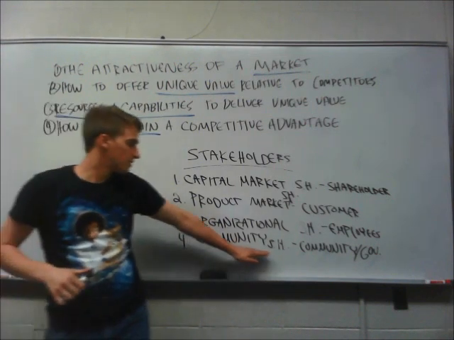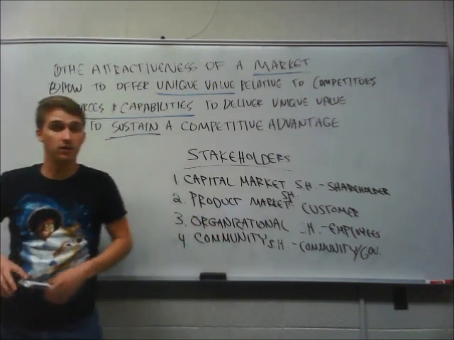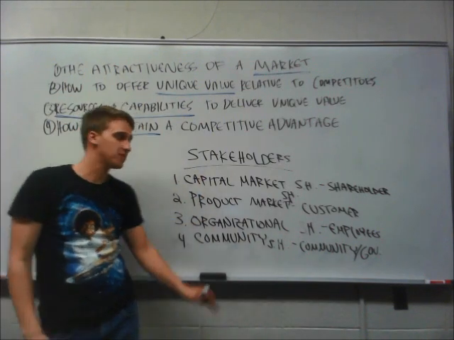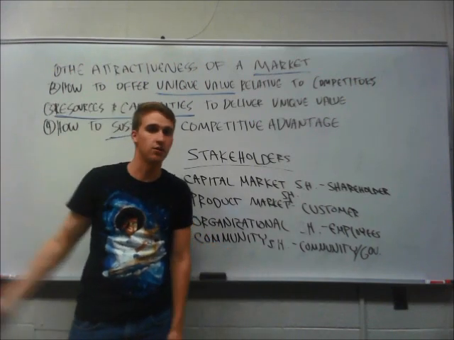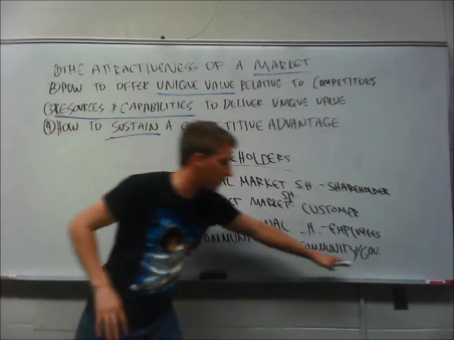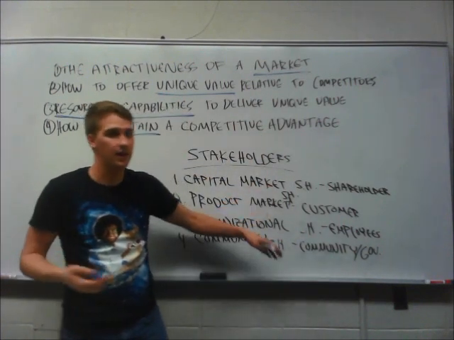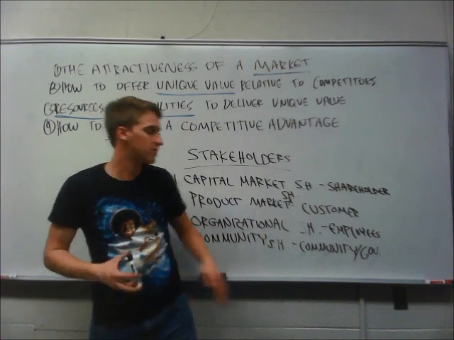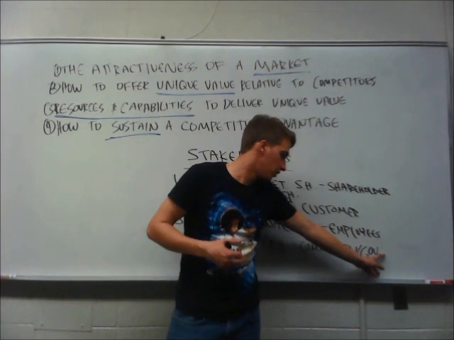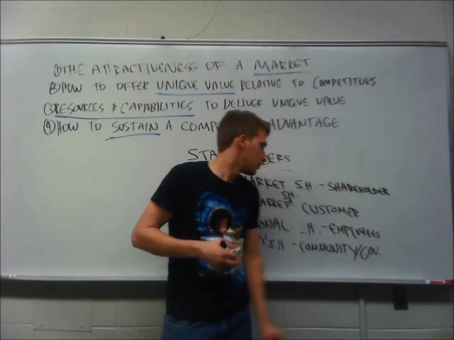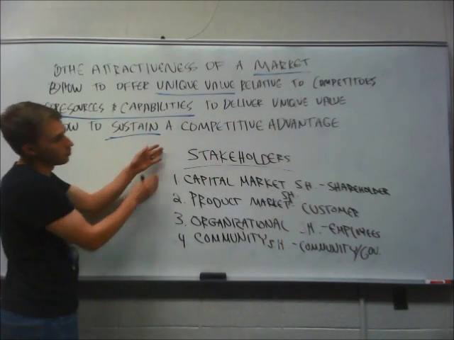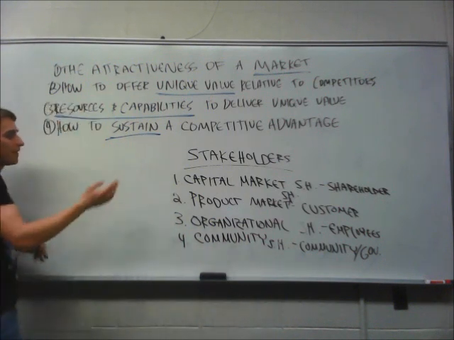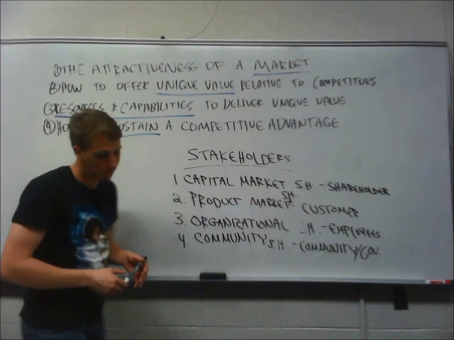Think about Detroit when the auto industry in Detroit started to collapse. The community of Detroit started to collapse, and so the community cared. They had a stake in how the business strategy was, and then obviously the government would as well for a lot of the same reasons. So remember that these are the people who care about how a business strategy is. If it's a good strategy, these people are happy. If it's a bad strategy, these people are not happy.